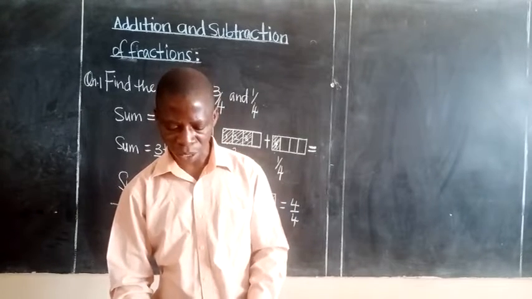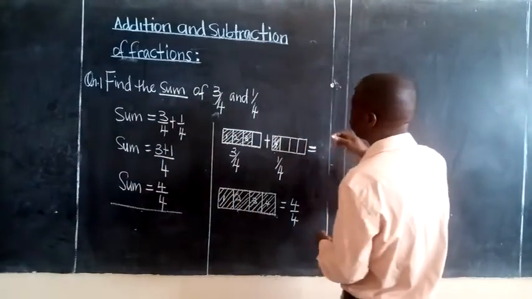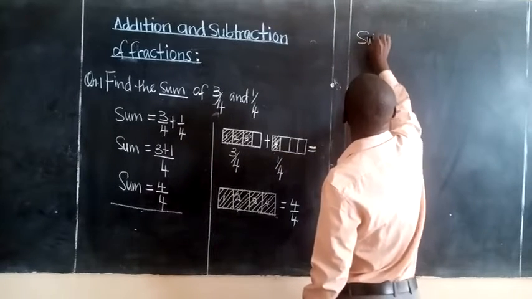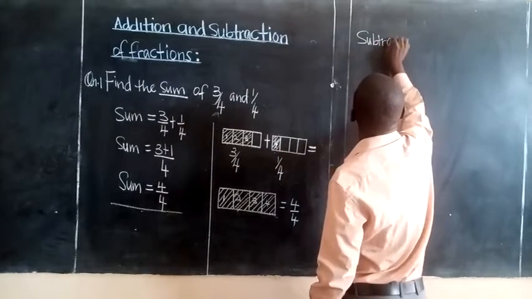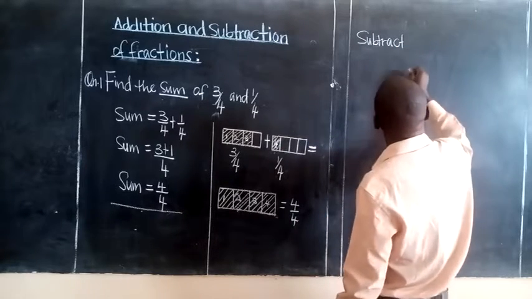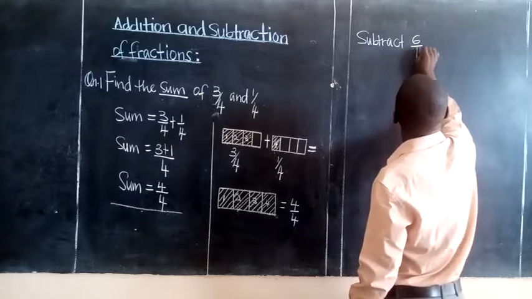Let's have another one. This time they are saying subtract 6 out of 11 take away 2 out of 11.